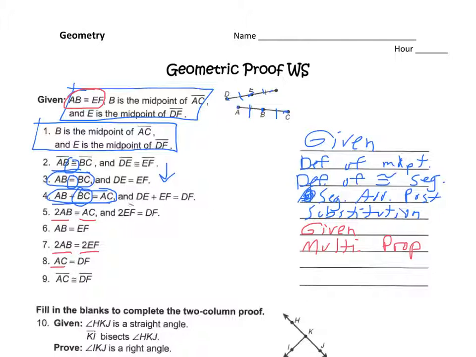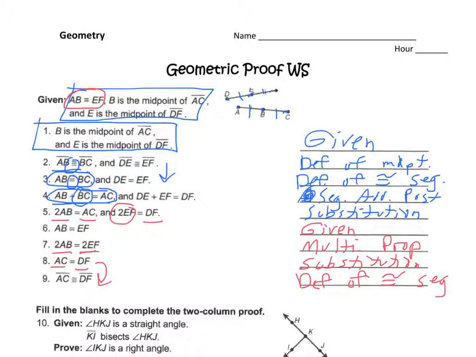And then 2EF is DF, so we're going to substitute 2EF with DF. So that was substitution. And then again, if their measures are equal, then they're also congruent. Definition of congruent segments.